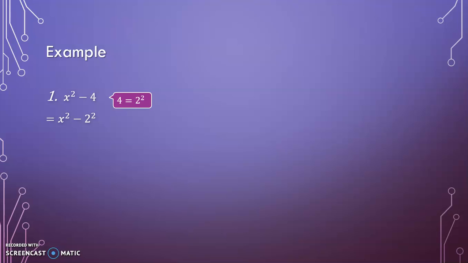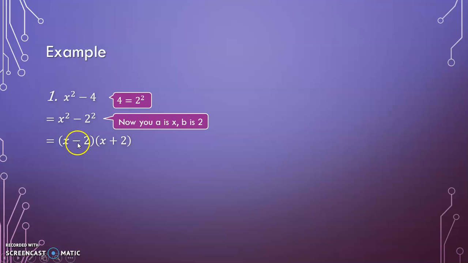So if we write it like that, x squared take away 2 squared, then now our a is x and b is 2. So as a result, we can factorize it back into (x - 2) multiplied by (x + 2). You can reverse the order that you write plus or minus, but you should know that it's x and 2, either plus or minus. Okay?